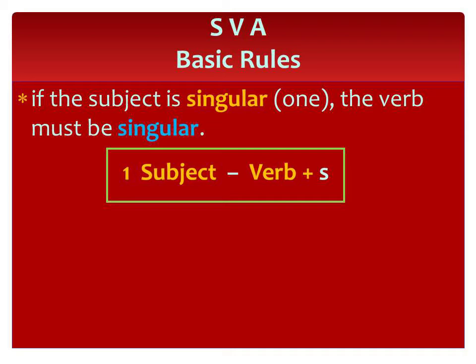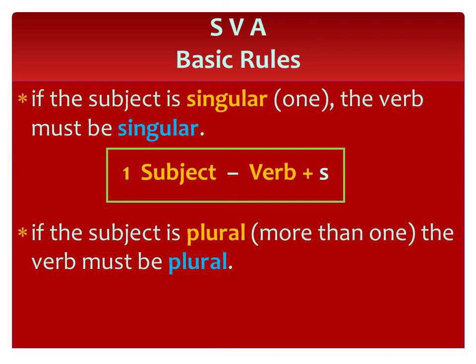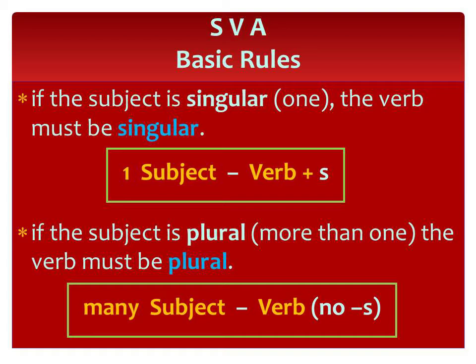So kapag singular ang subject, ang verb ay dapat na singular form din. And if the subject is plural or more than one, the verb must be plural. So plural subject needs plural verb.